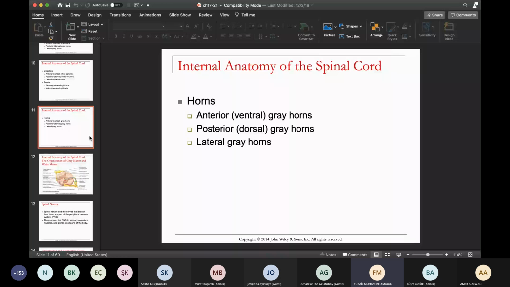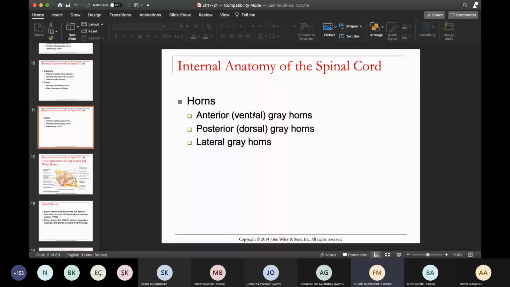Now, the gray matter on each side of the spinal cord ends up getting divided into regions, and we call these regions the horns. The anterior, or ventral, gray horn contains somatic motor nuclei.